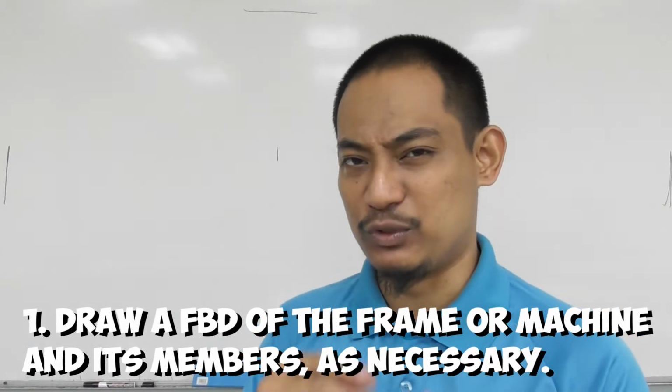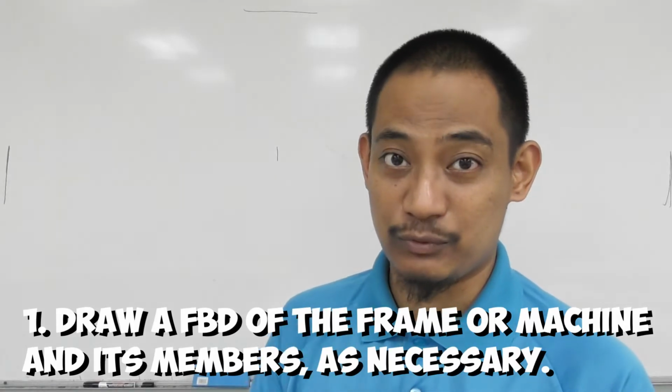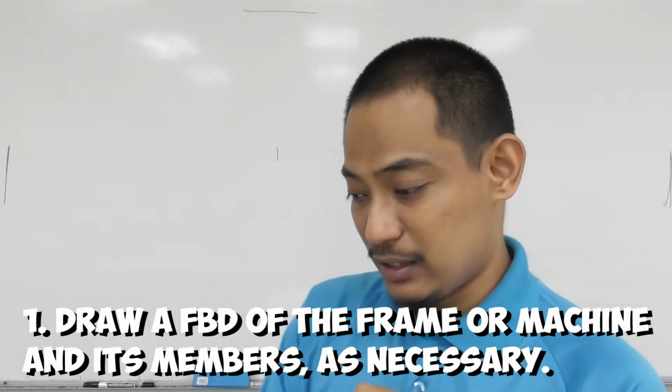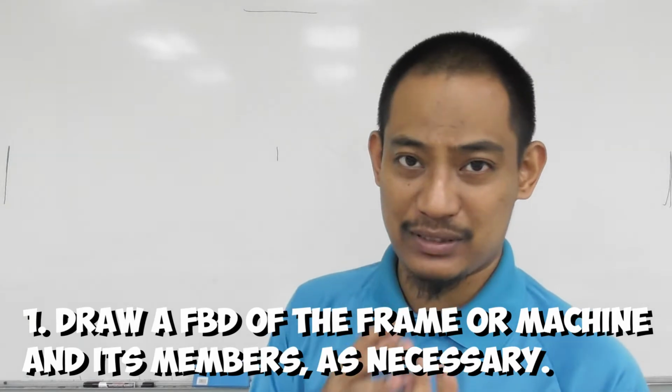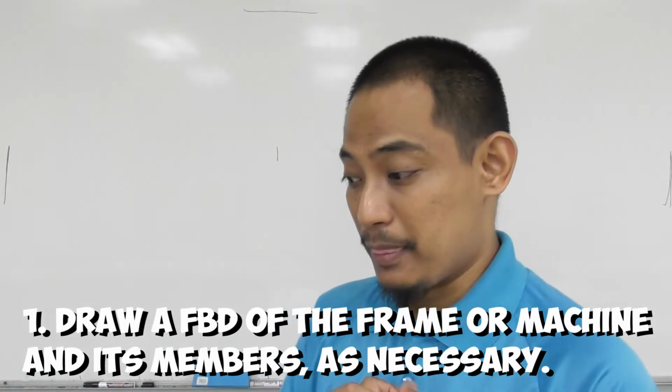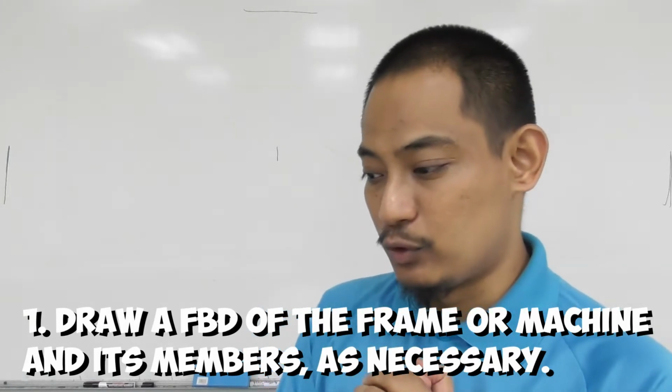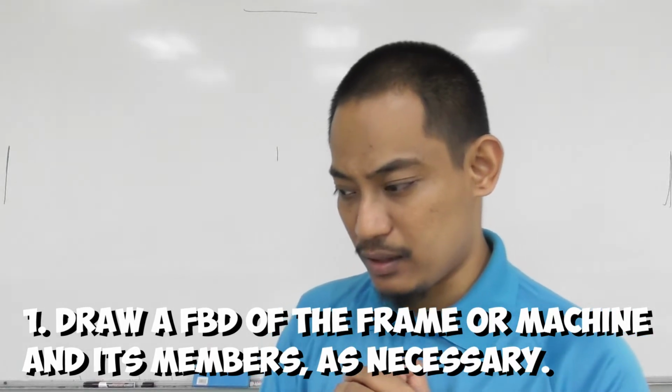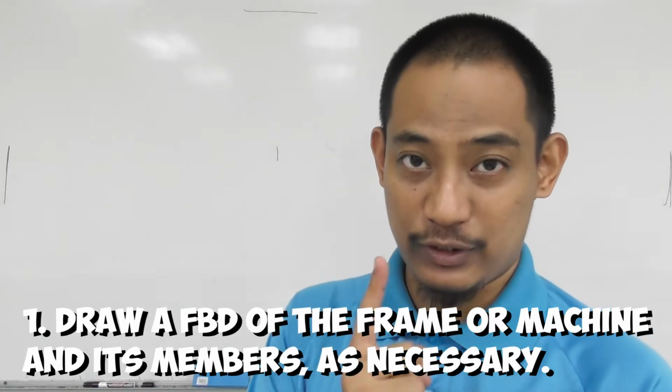In some cases we do not need to solve for the support actions, we can straight away solve the members, right? In frames, sometimes a similar situation can happen also. Anyway, normally the first step is the free body diagram.